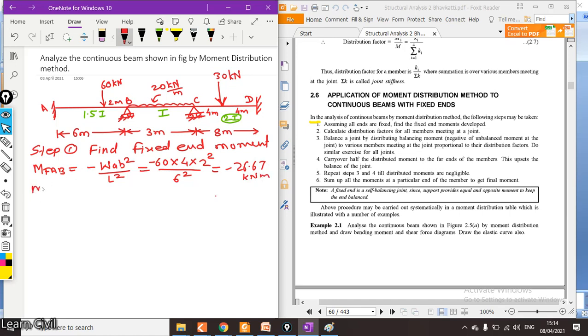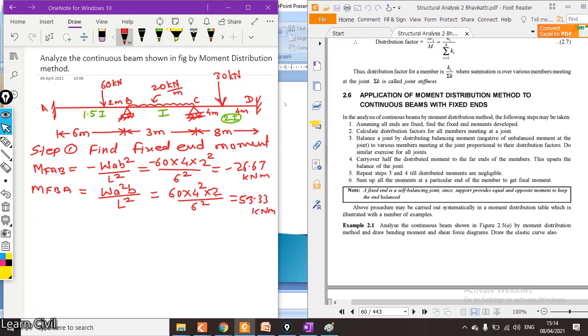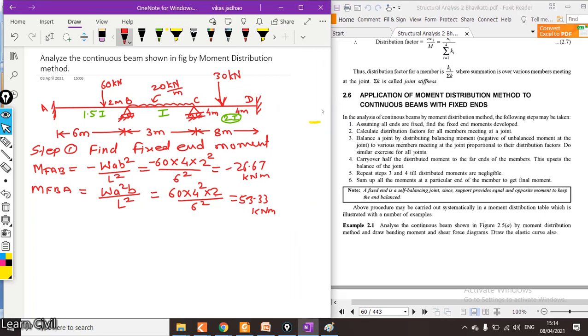Similarly MFBA, the formula is plus W a square b upon L square. We have 60, a is 4 square, into 2 divided by 6 square. So this is equal to 53.33 kilonewton meter. This is the fixed end moment for BA.